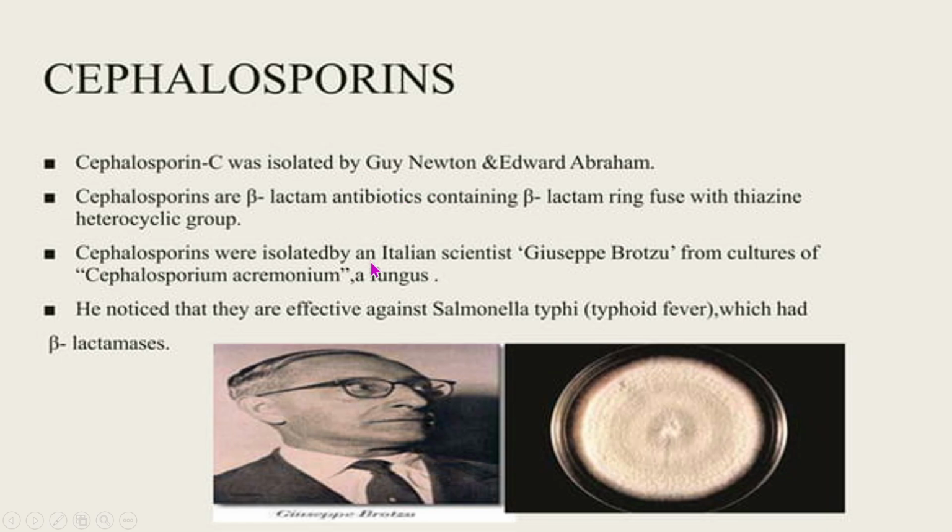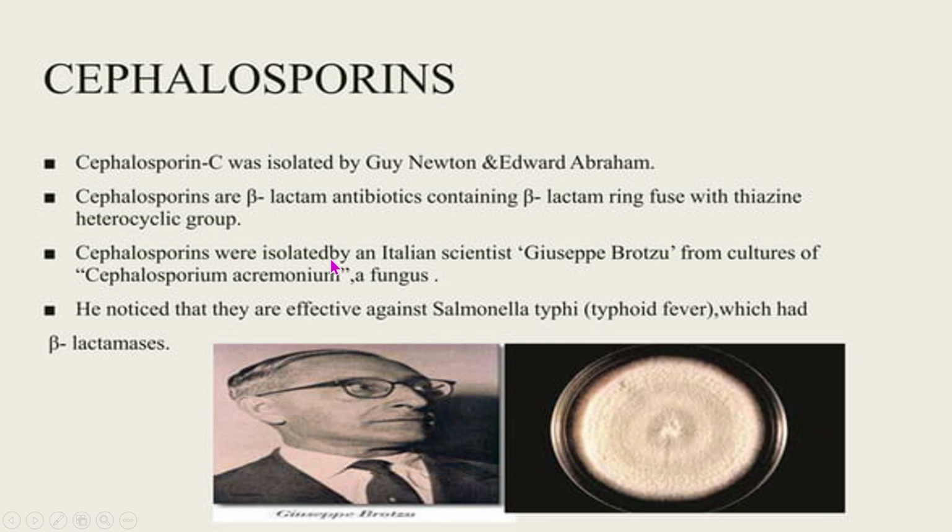Now we have discussed that Alexander Fleming discovered and isolated the antibiotic penicillin. From which source? Yes, it is derived or isolated from Penicillium notatum. Do you remember the same?